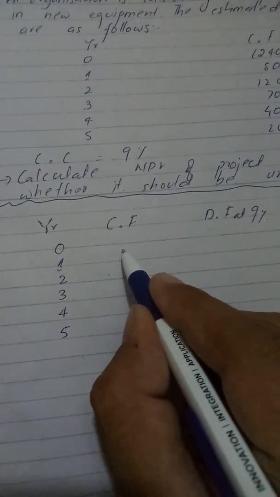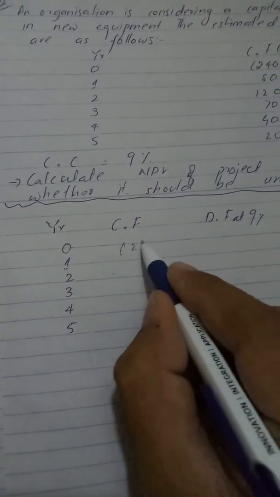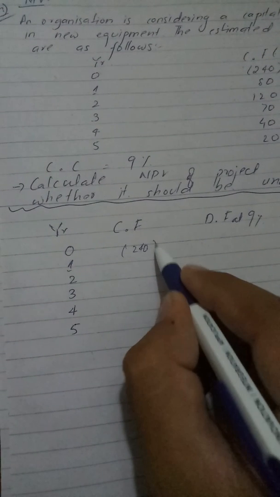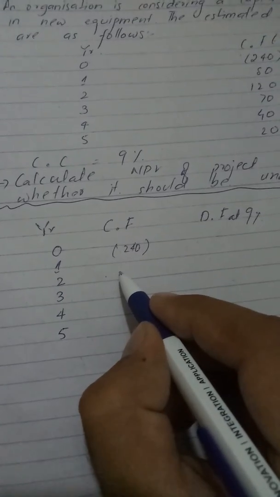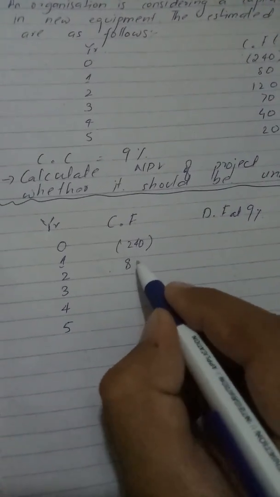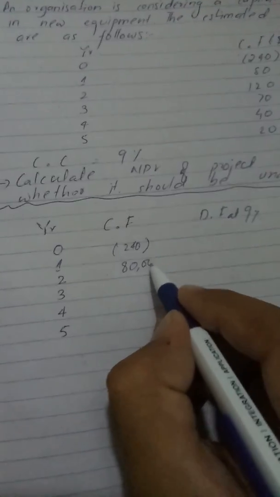Then we have 120, 40 and 20. So discount factors at that would be 1.